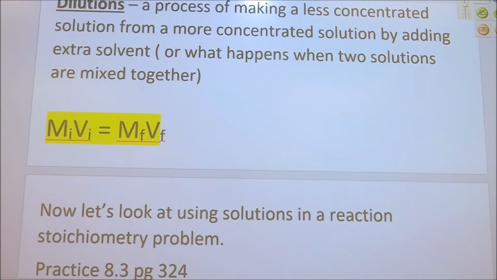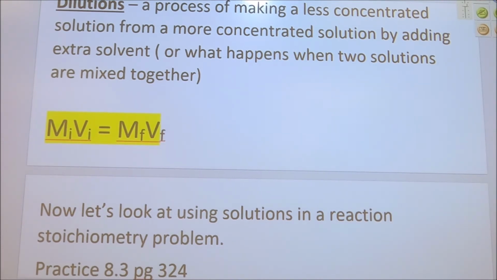Okay? Dilutions happen when I mix two solutions together. Dilutions happen when I pour in pure solvent into an already made solution and change the volume. But anytime you increase the volume, you do a dilution, you decrease the concentration.